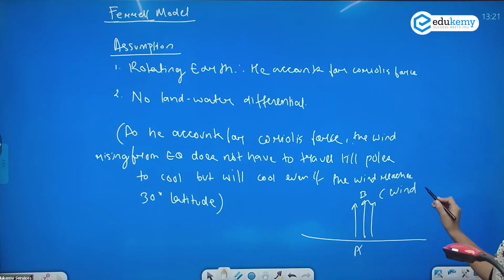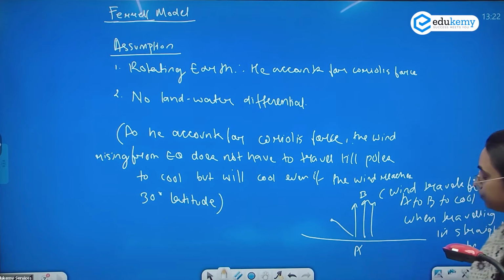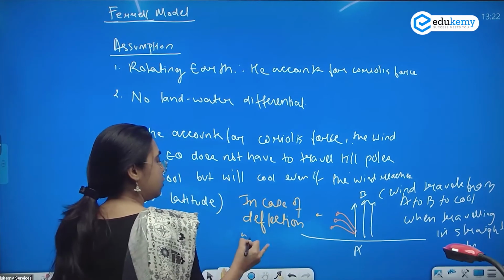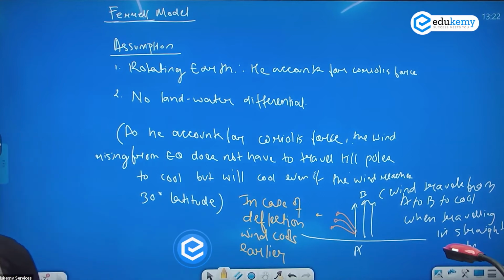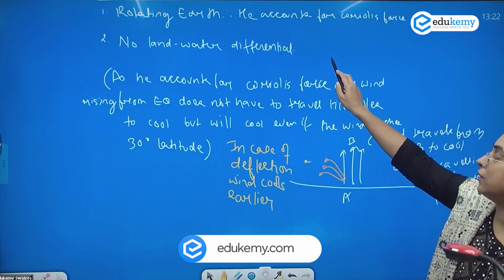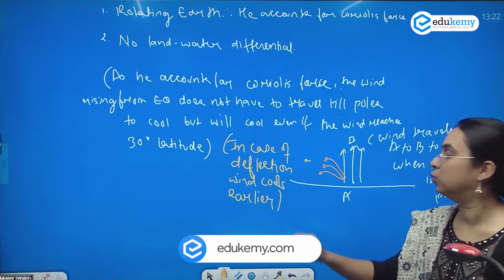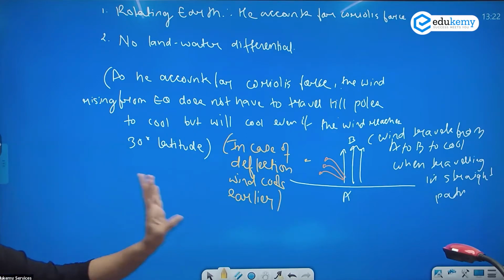Wind travels from A to B to cool when traveling in a straight path, and if there is deflection, the wind will cool earlier. जिसको नहीं समझा उतना समझो कि फेरेल ने बोला 30 डिग्री पे आके ठंडी हो जाती, ठीक है.